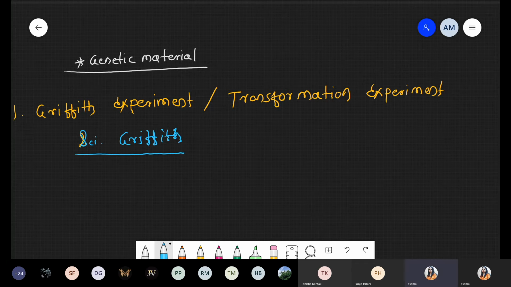Scientist Griffith used some experimental material to carry out this experiment. So the next point: which experimental material?